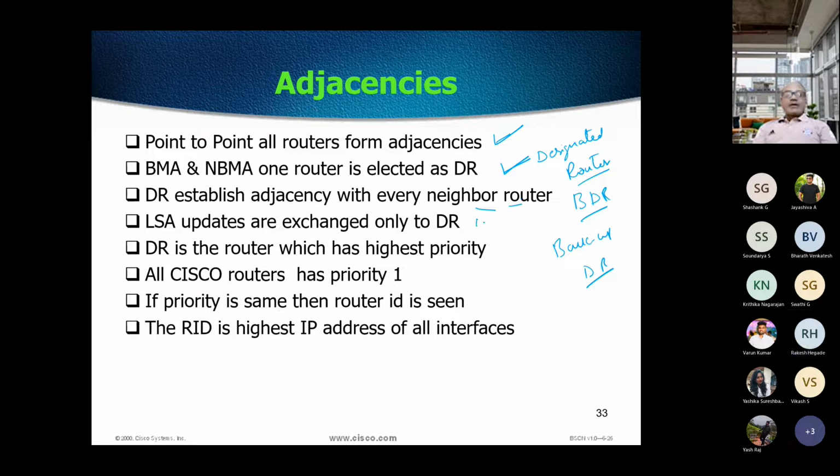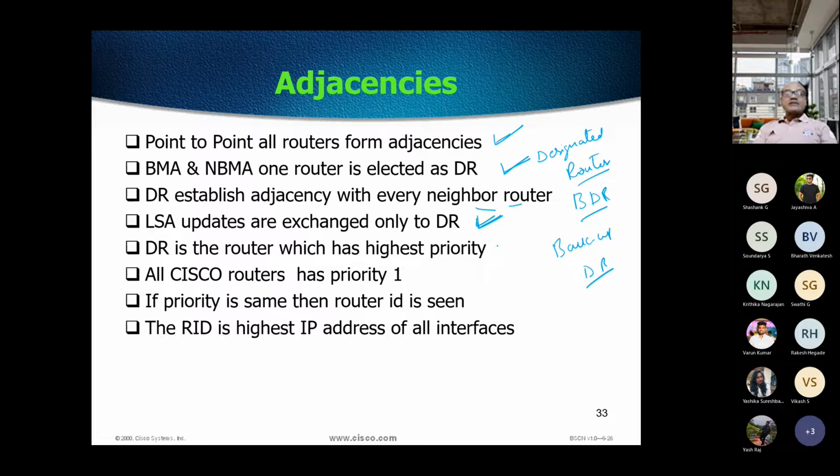When LSA updates are exchanged, they go only to the DR. If one member has learned a new technology, they update only their team lead. Your team lead is nothing but your DR, designated router.